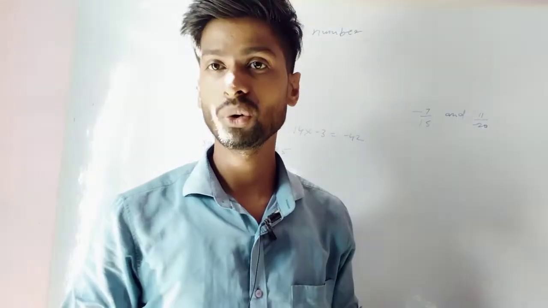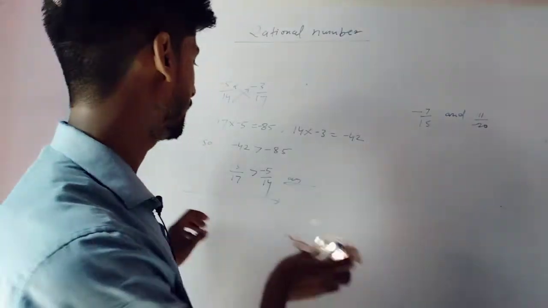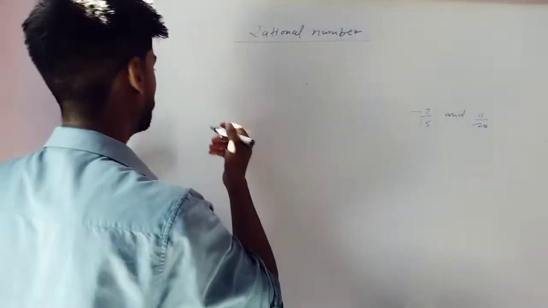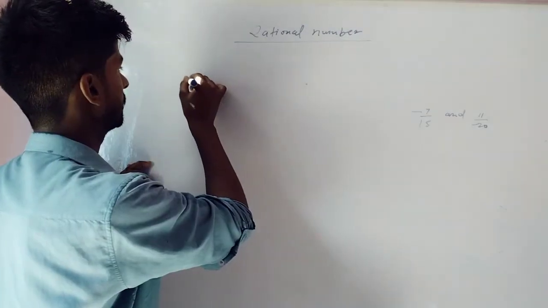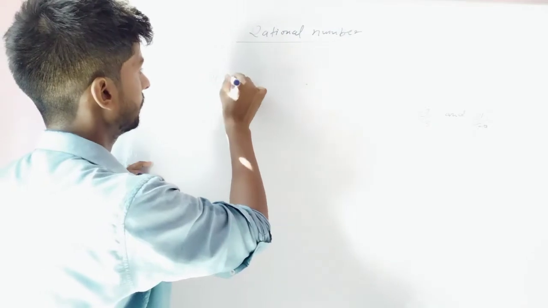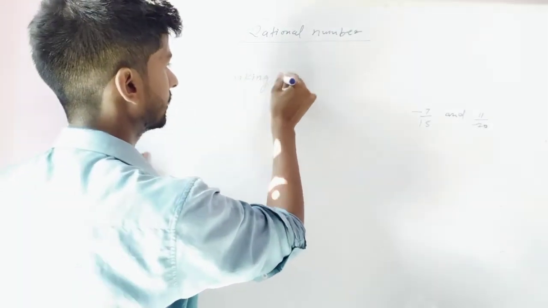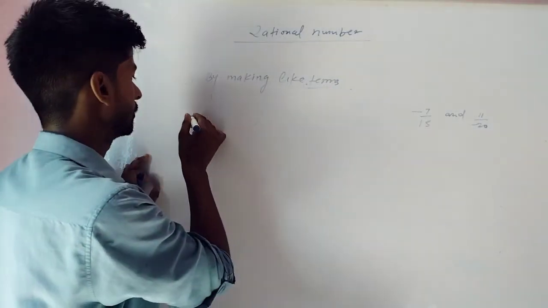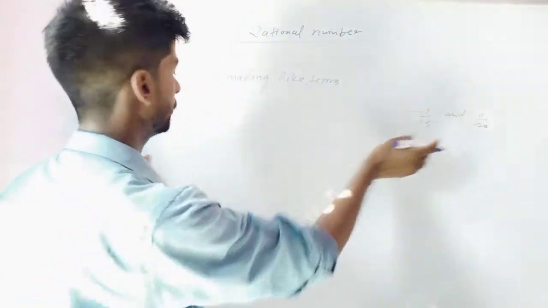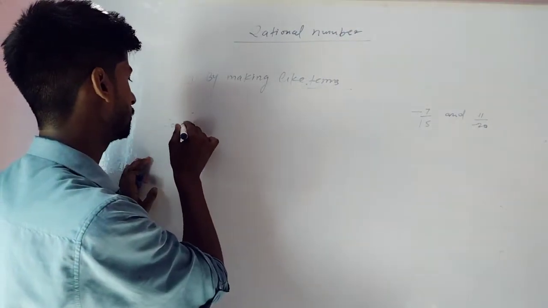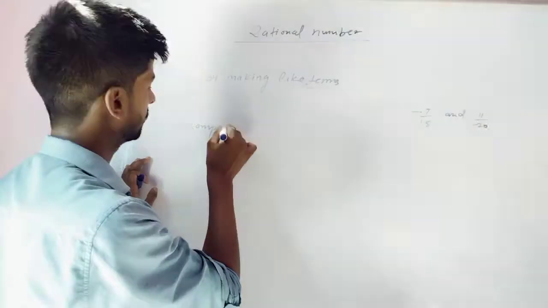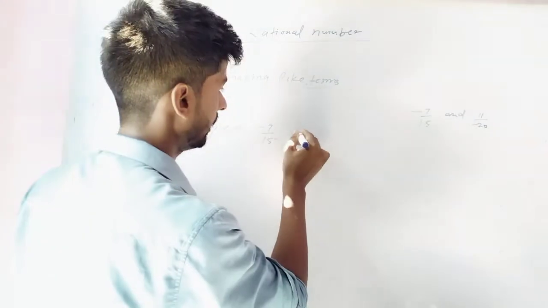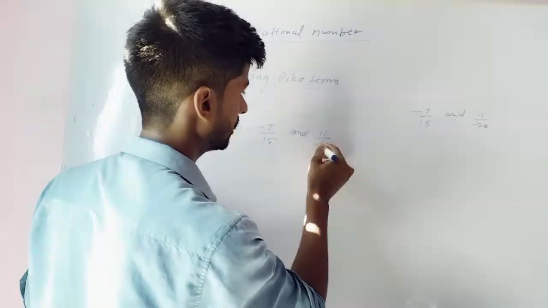Now we are going to discuss another method, that is, by making like terms. Second method, by making like terms. By examples we will understand: -7/15 and 11/-20.